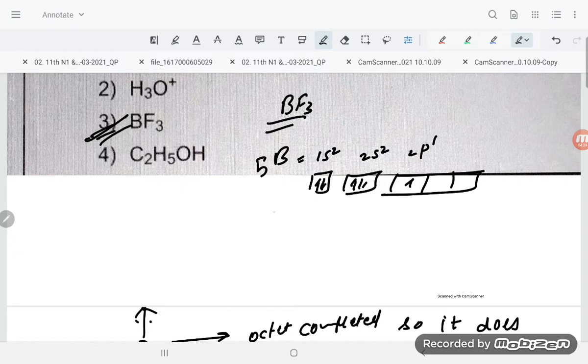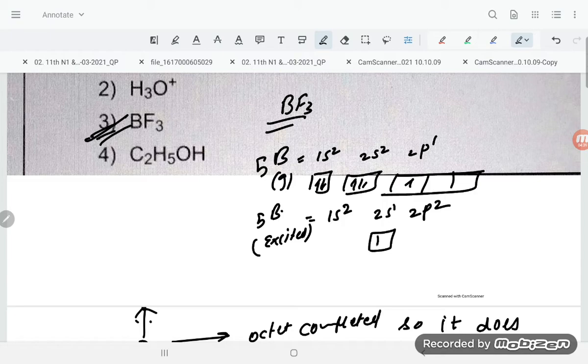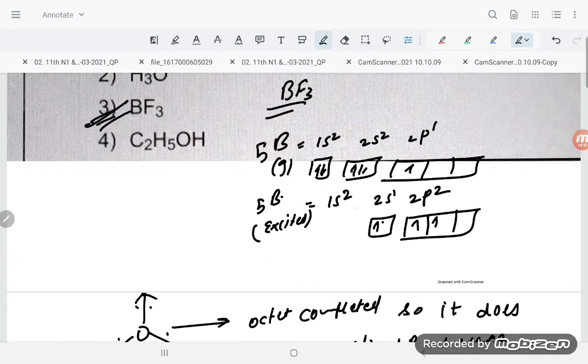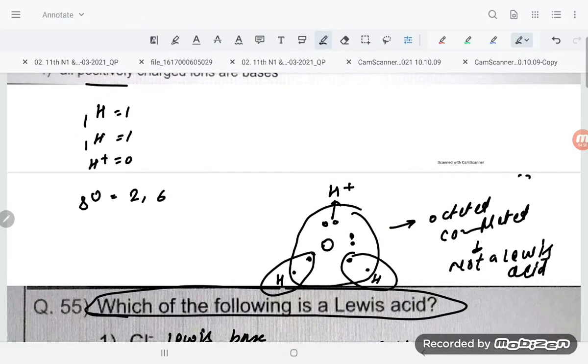Now if you send boron to the excited state, this was the ground state and this is the excited state, it will become 1s2, 2s1, 2p2. You can make it this 1. Here you can see 1 2, right? So it has 3 valence electrons, student. So you can mention 3 valence electrons.